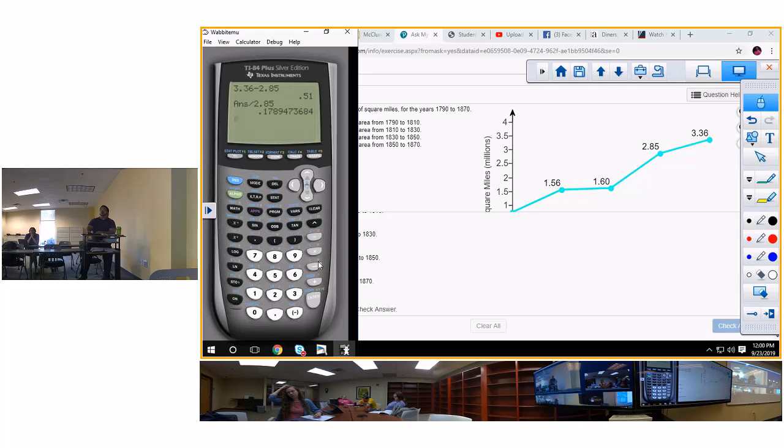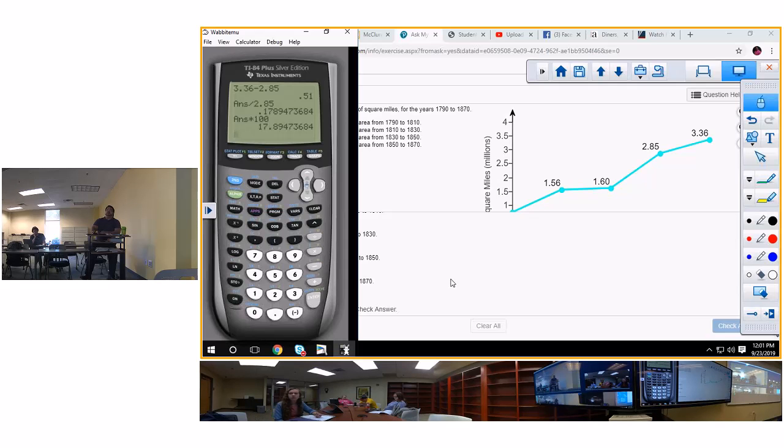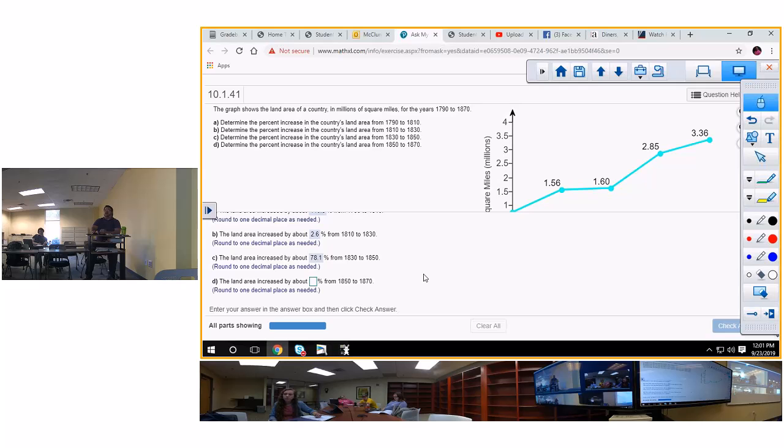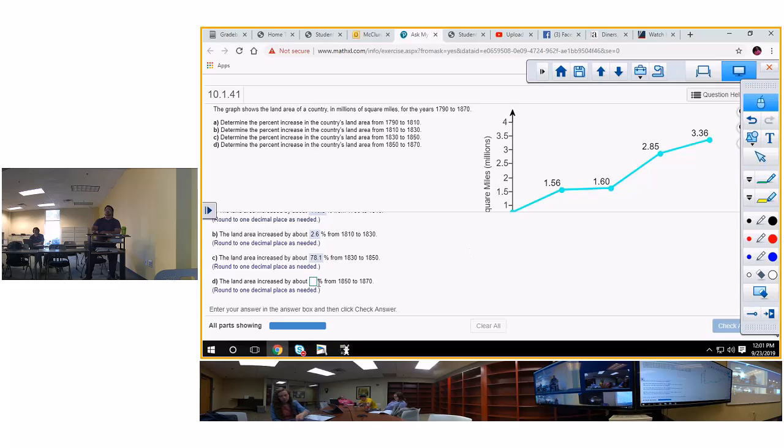Multiply that by 100. Now, I'm sorry, but that's pretty simple. 17.9. Wrong number. See, that's why you're going to fail in life. 17.8, or is that 17.9? It's going to be 17.9.